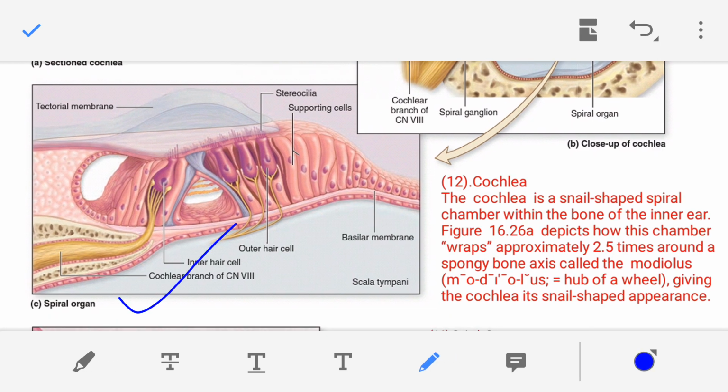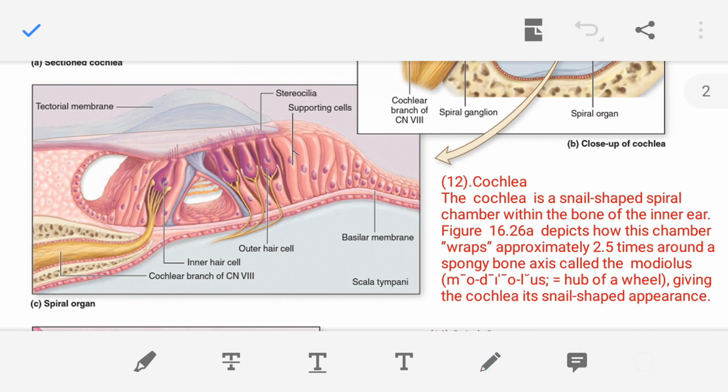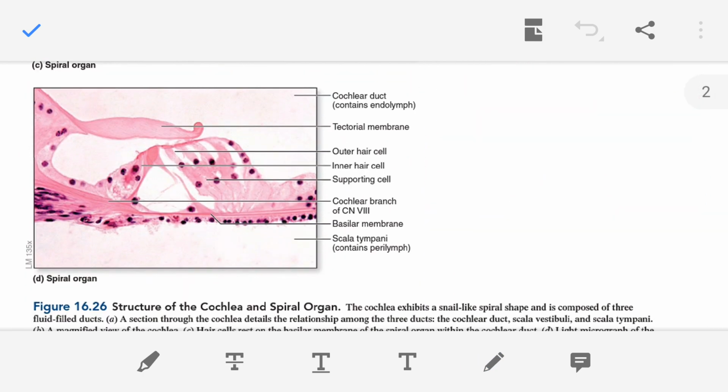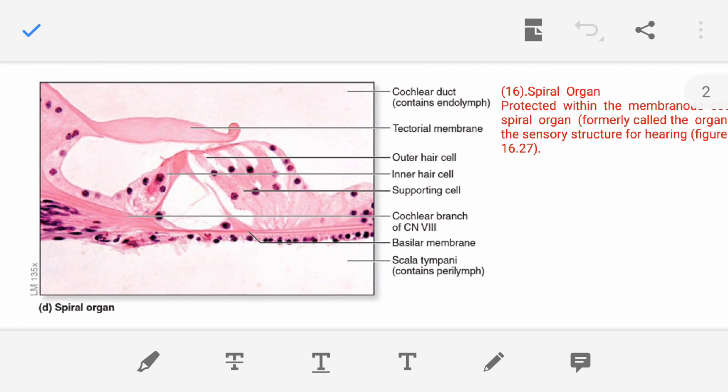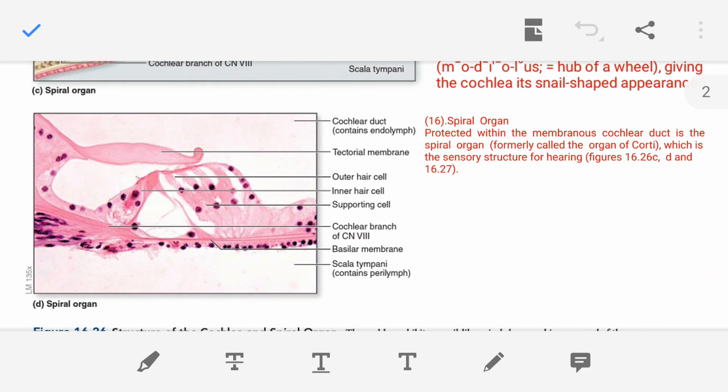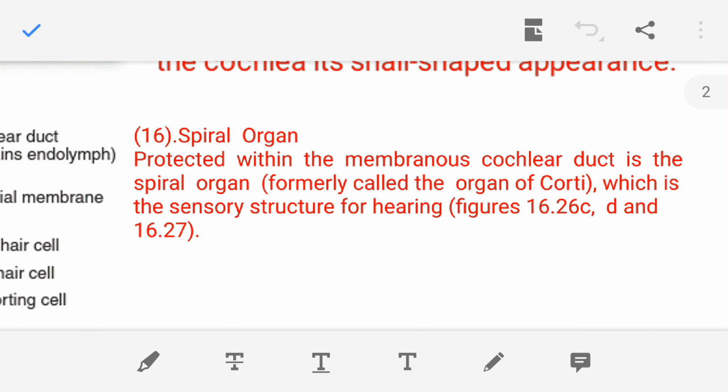So this entire figure, this entire box, is showing us the spiral organ, and this is the histological slide they are showing. Now we are discussing the spiral organ.